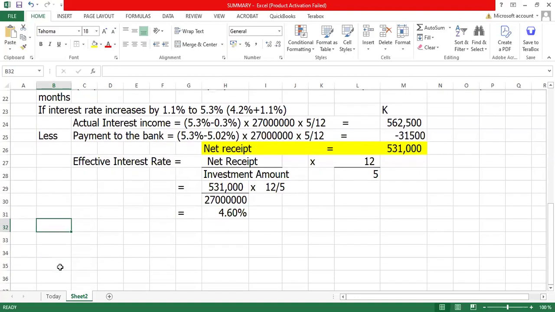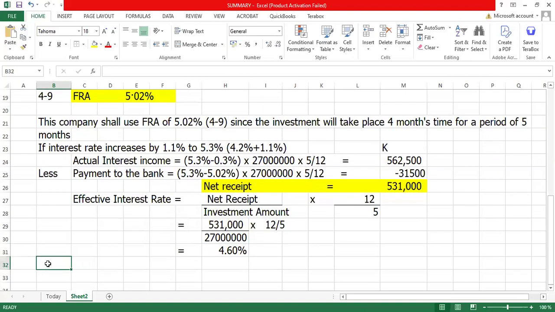Now, in a situation where there is a decrease in the rate. If the rate decreases by, what was it in the question?